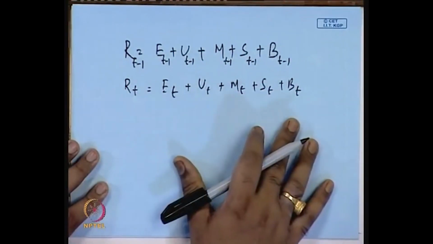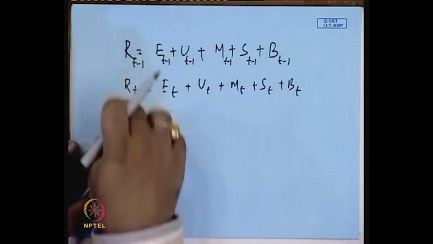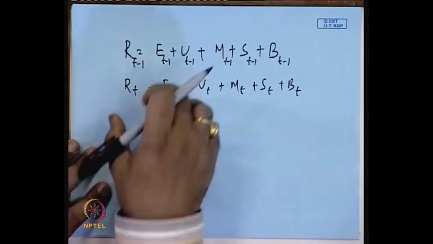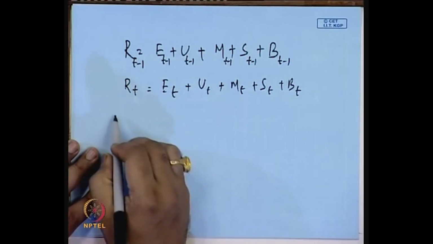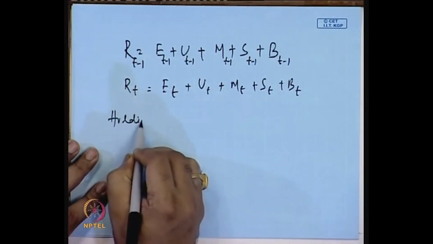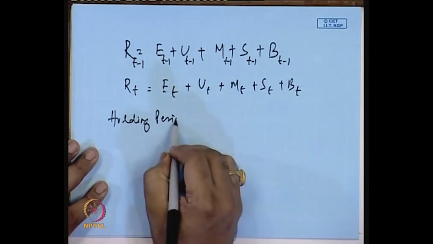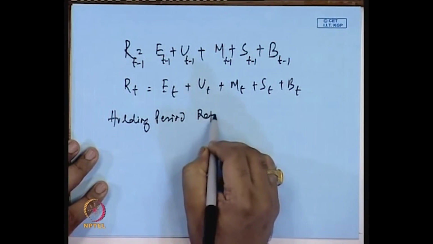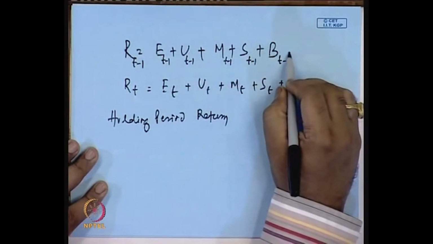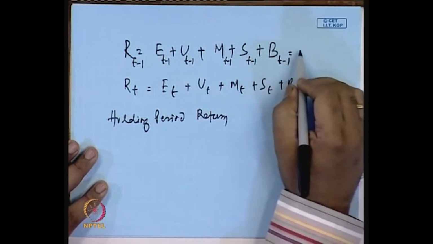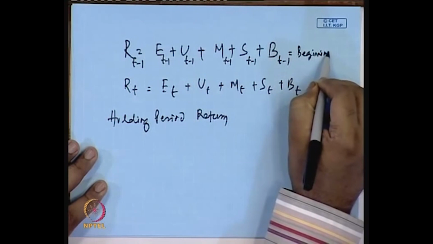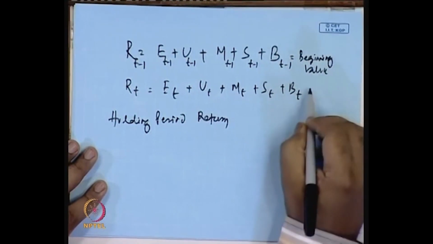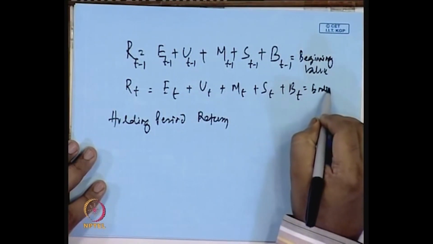Then if you are holding this particular bond for a particular period of time, let's say 1 year, we can calculate the holding period return. R t minus 1 is basically the beginning value of the bond whenever you started the investment, and this is your ending value.